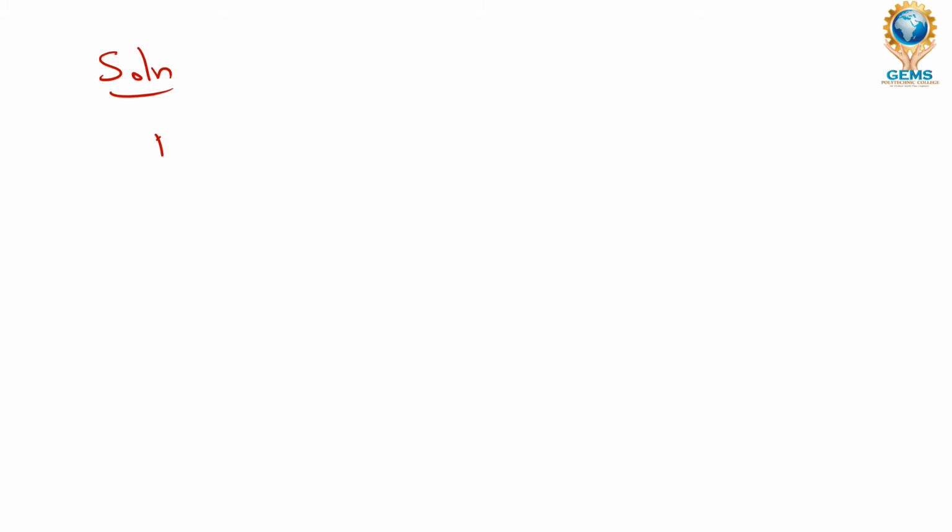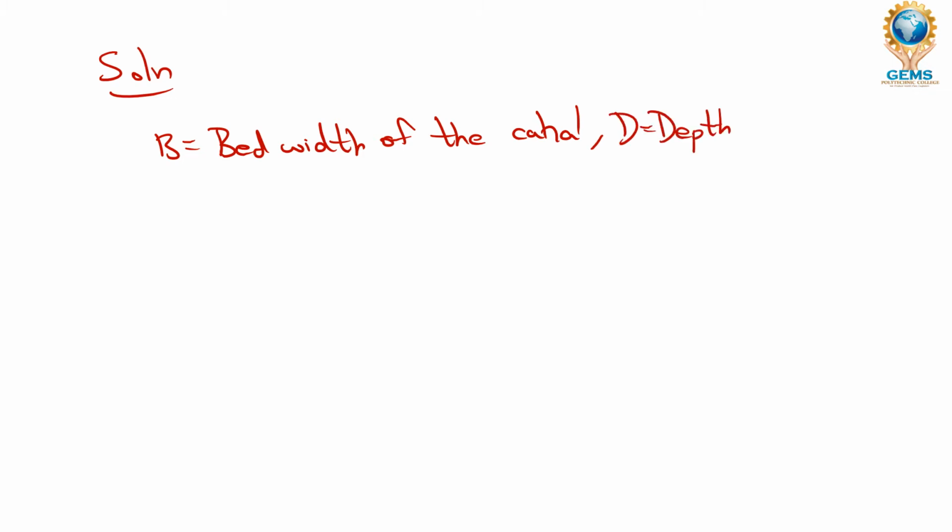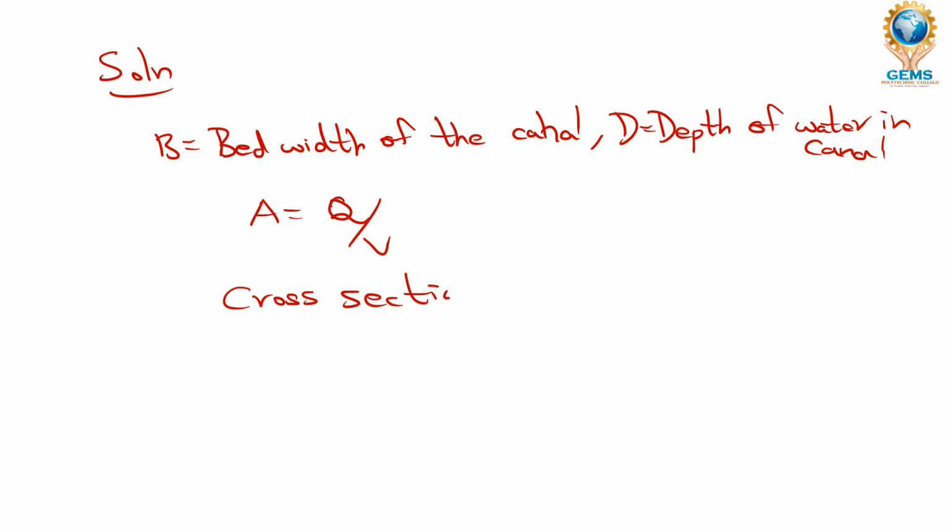Solution: we know B is the bed width of the canal, and D is the depth of the water which is present in the canal, and A, you already know what is A, that is Q by V, right? So the total cross sectional area will be like A is equal to (B plus SD) into D, since it is trapezoidal.